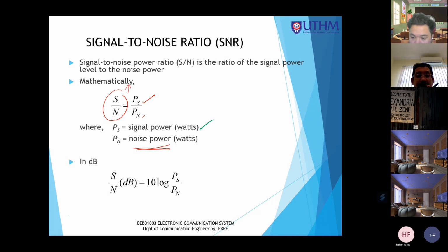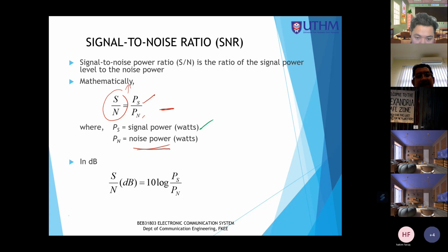SNR adalah satu parameter tanpa unit. Dia adalah nisbah, a ratio of power. So power divided by power, you're gonna produce a unitless parameter. Dia tidak ada unit, dia hanyalah nisbah.